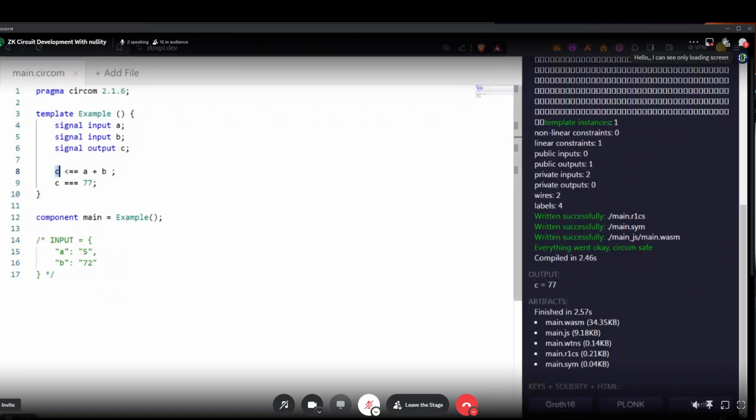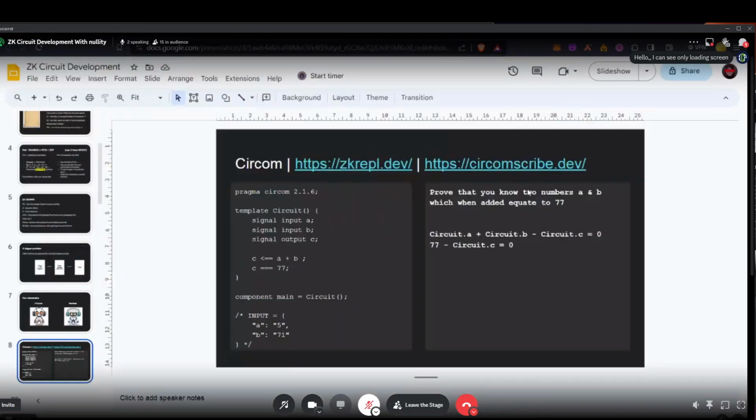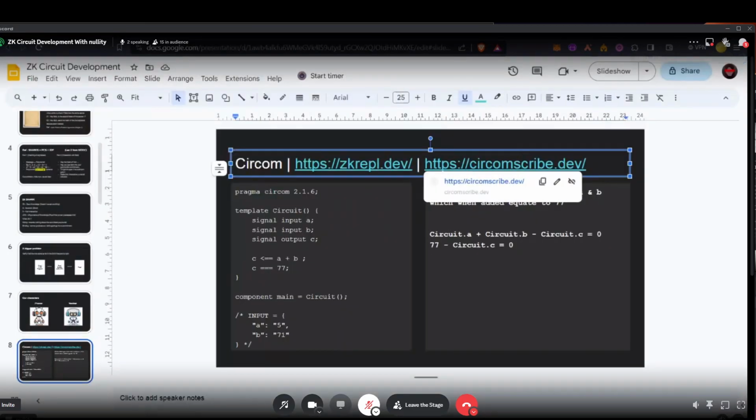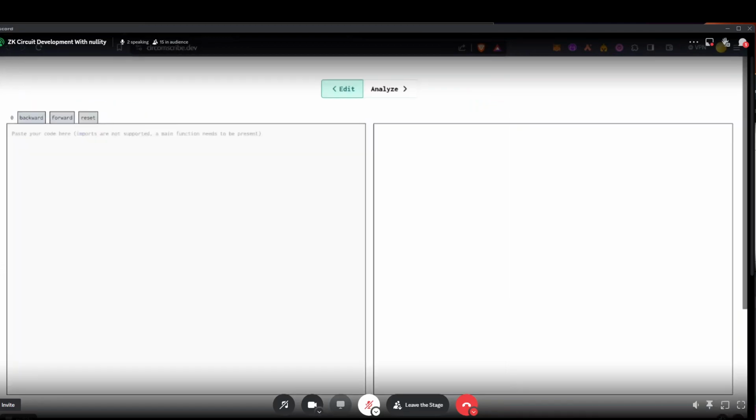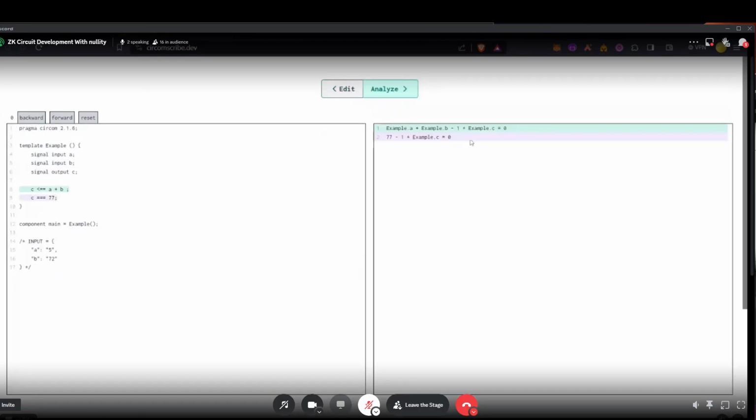The C here is 77. Now, if you want to try Circumscribe, oh, okay. So I'm using example as the name over here. You can use any name. So that is how you write Circom circuits.